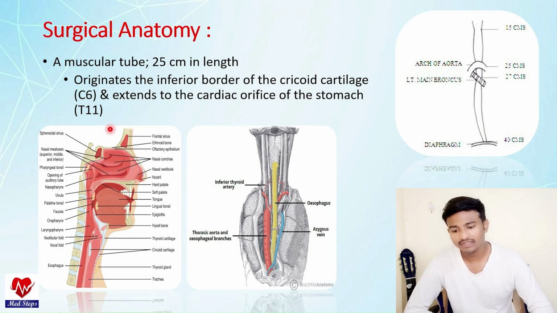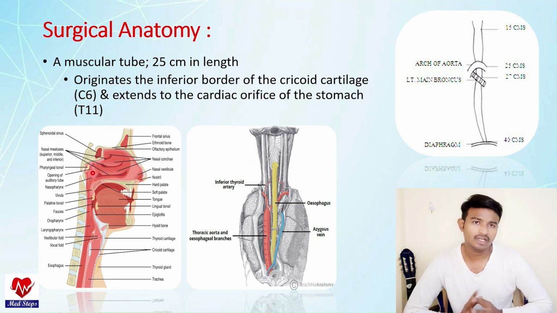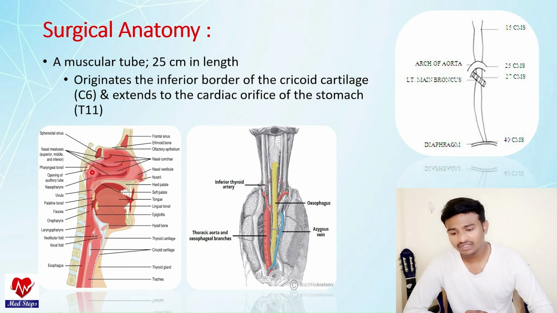If you see this image, this area we call the pharynx. The pharynx is divided into three parts: nasopharynx, oropharynx, and laryngopharynx. This area, posterior to the nose, is the nasopharynx.